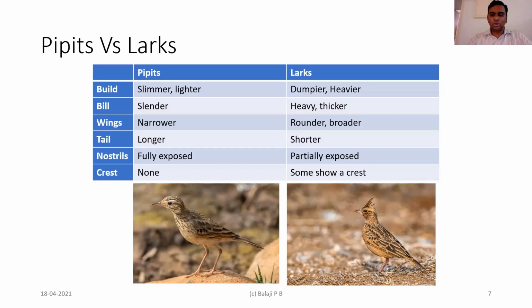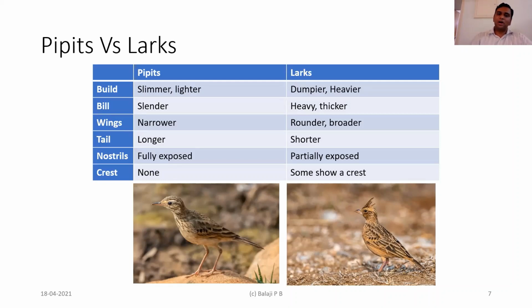Some of the larks show a crest and some of them don't. Even for birds like the oriental skylark, which is supposed to show a crest, sometimes the crest is not visible in the field. So you basically have to look at the other aspects of the bird as well.